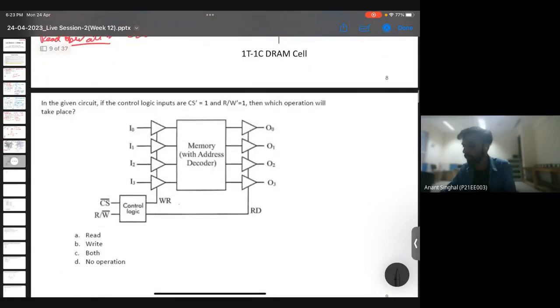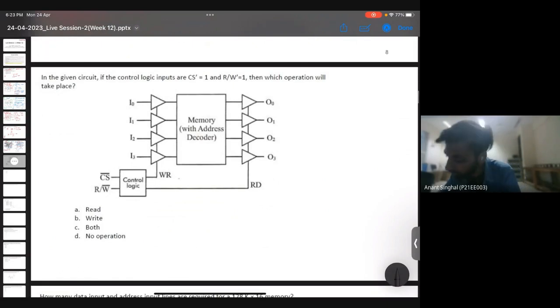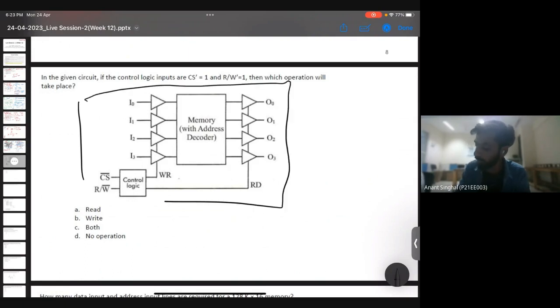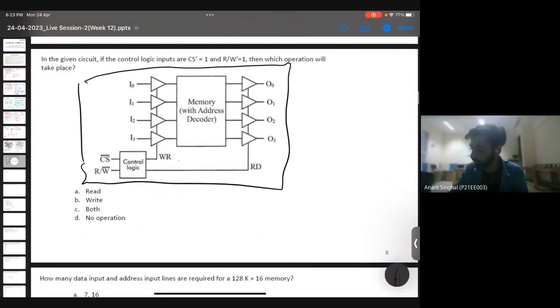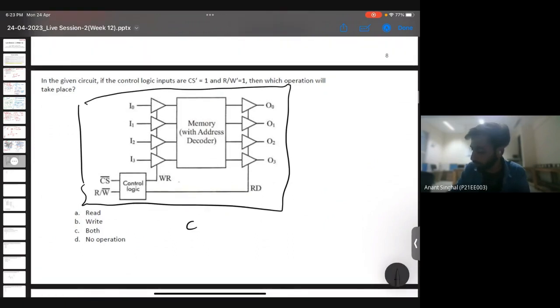Let's go with the first proper question of this SRAM DRAM. This is a basic circuit of a control logic input. For this question, you just need to know the truth table of this. If you don't remember, I'll make it.